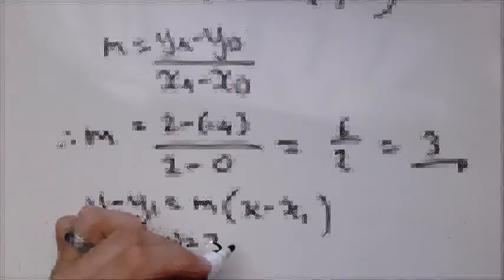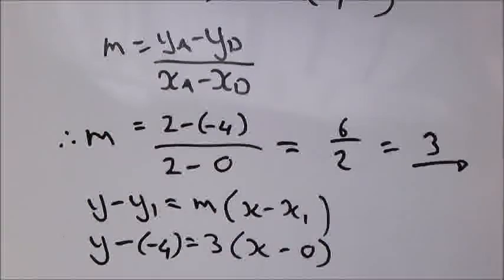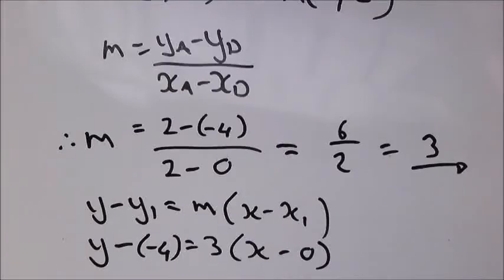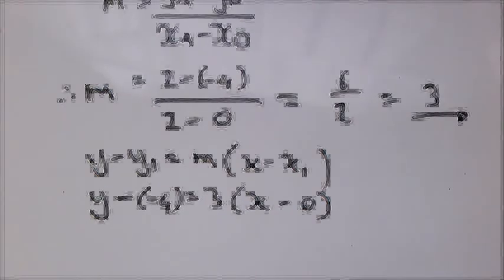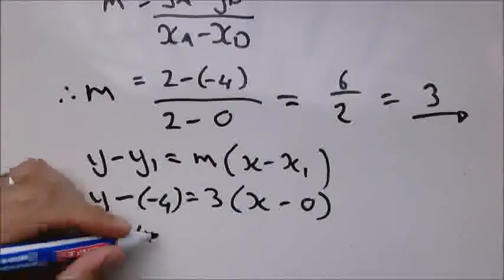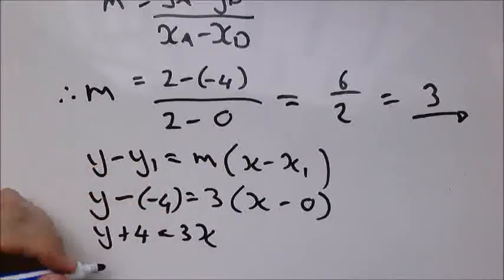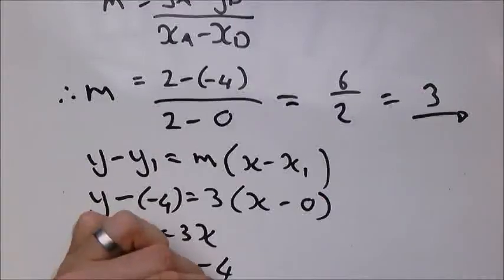We calculated it. And based on this, we can then calculate the rest of the final solution. So y plus 4 equals 3x. So y equals 3x minus 4.